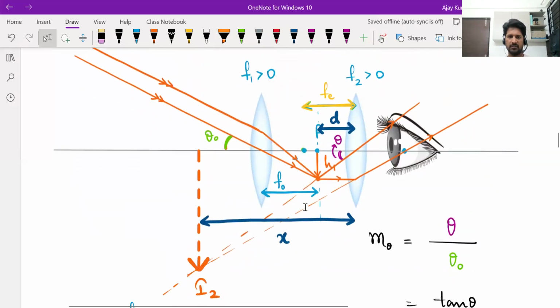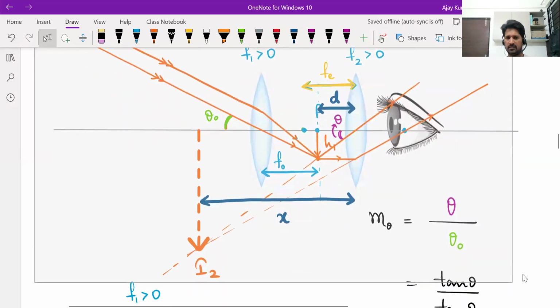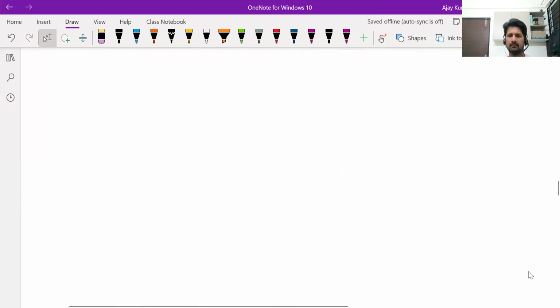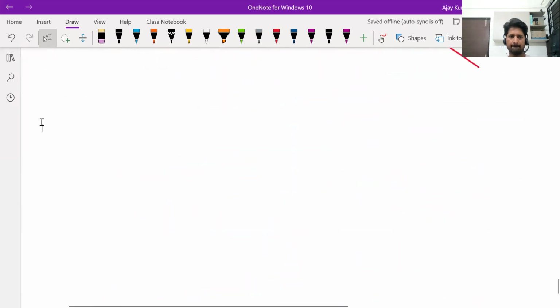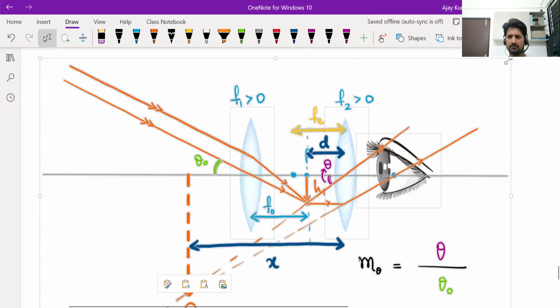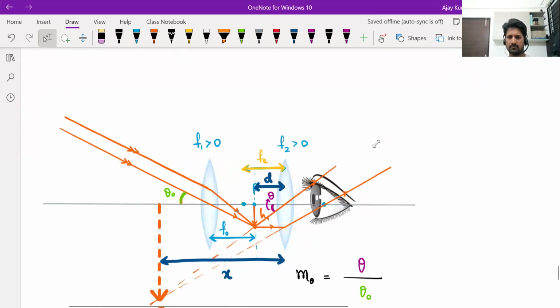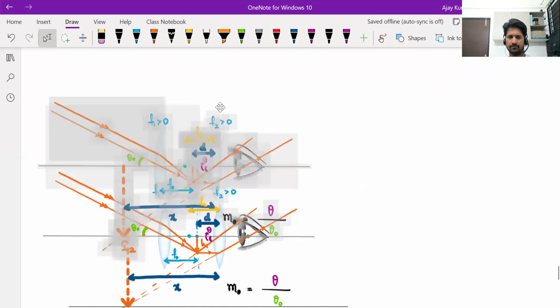So for that purpose, what we do is, I'll have to use this diagram. Okay.